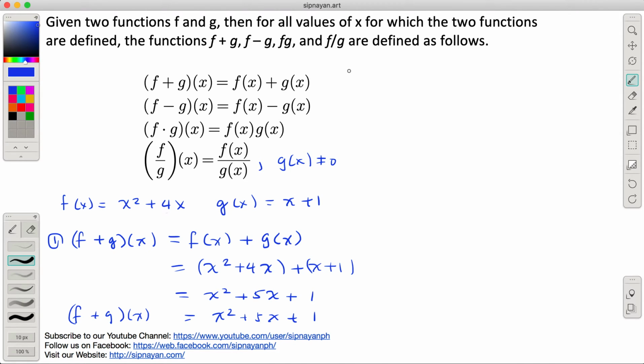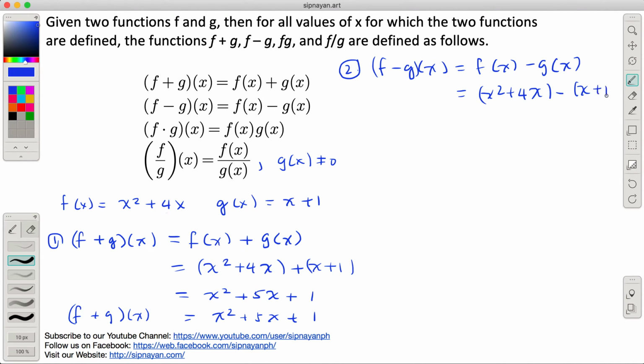Now, f minus g of x. Anyway, f of x muna minus g of x from the definition. So this is equal to, again, f of x is x squared plus 4x, and then minus x plus 1.